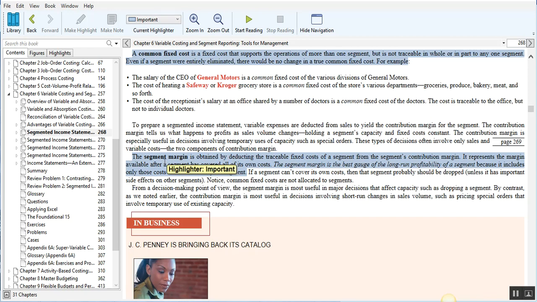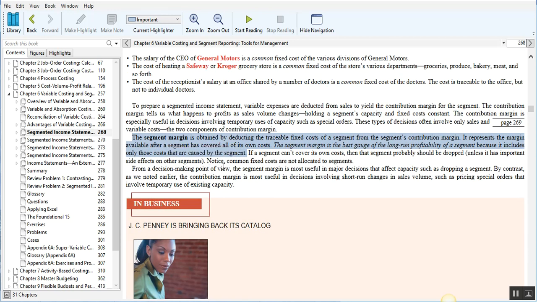So when we talk about a segment margin, what we're really looking at is calculating a net income or contribution margin, based on subtracting the traceable fixed costs of a segment from the segment's contribution margin. So we calculate the segment's net income, variable costs, and we have a contribution margin, and then we take out of that any traceable fixed costs, and it represents the margin that's available after the segment has covered all of its own costs.